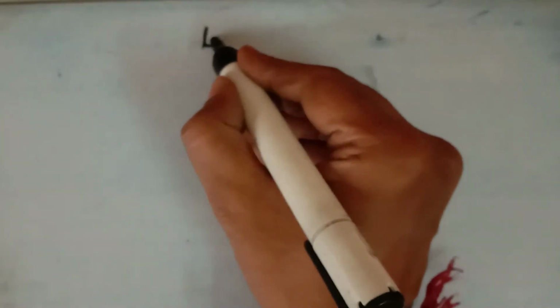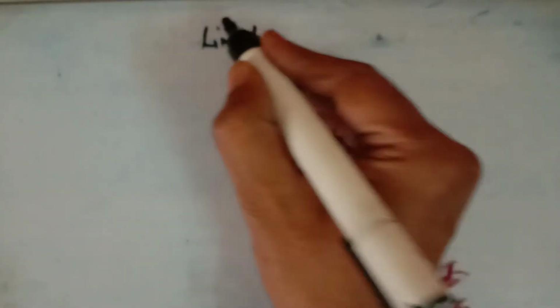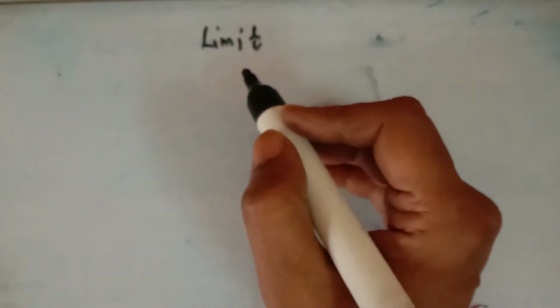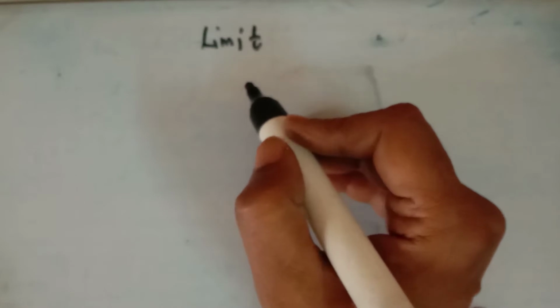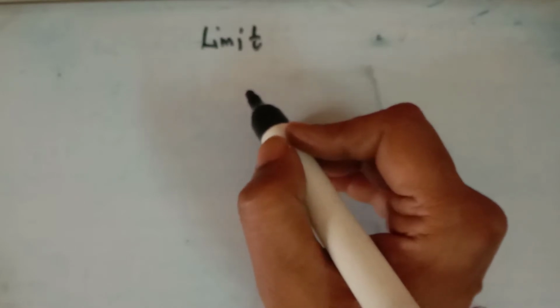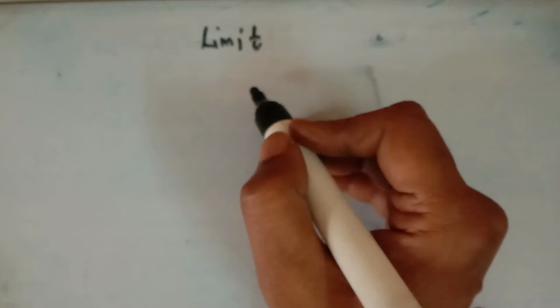Now what is a limit? The concept of limit is that it is the ability to approach really close to something without being equal to it, that allows us to find the limit.